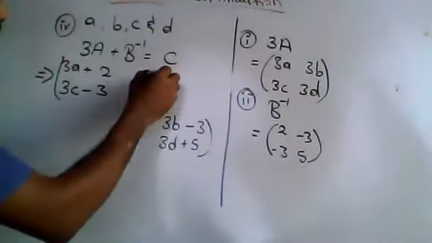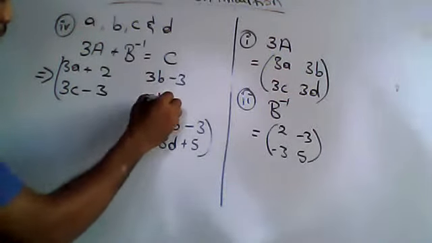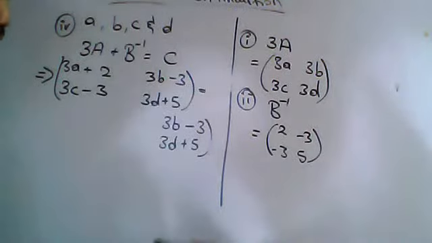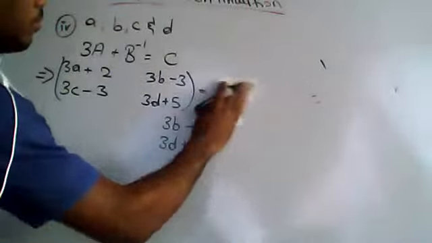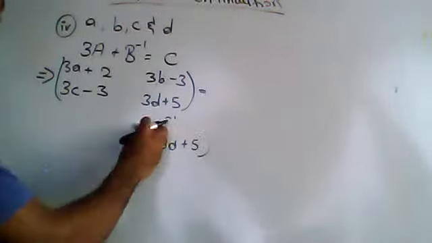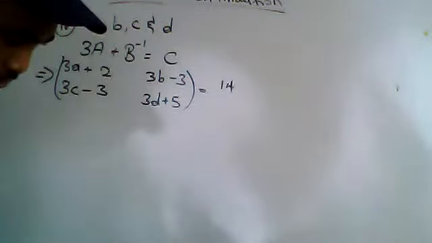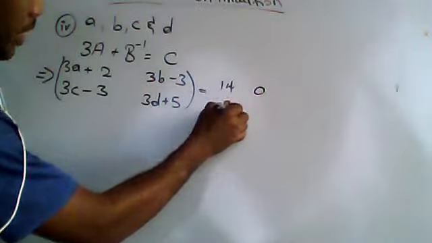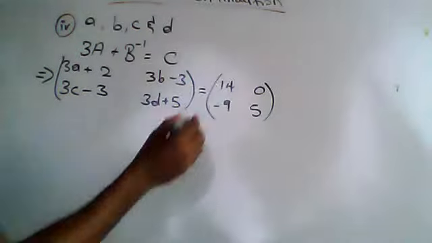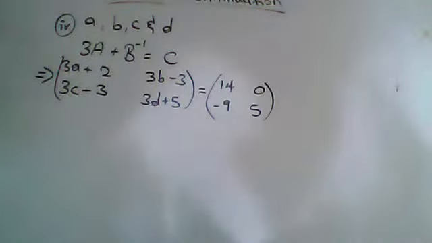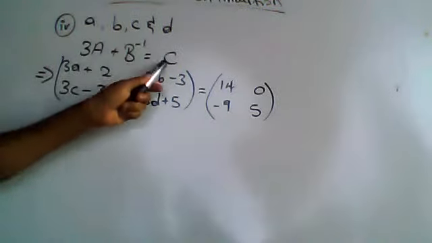We have 3A plus 2, 3B minus 3, and 3D plus 5, and it's supposed to be equal to C. Now, what was C? C was 14, 0, minus 9, and 5. That was C. So we are supposed to determine the values of A, B, C, and D, given that 3A plus B inverse is equal to C.